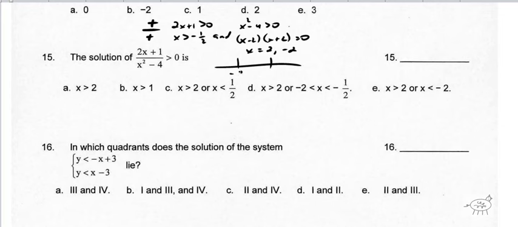So if I do my interval testing, I get to be greater than 0, it has to be greater than 2 or less than negative 2. So both of these have to be true. So that has to be true. And here, let's graph this guy right here.